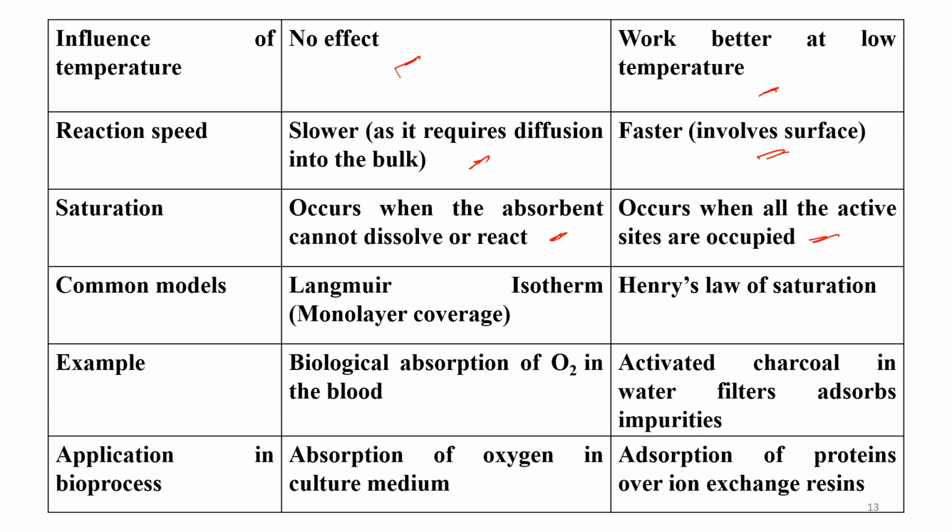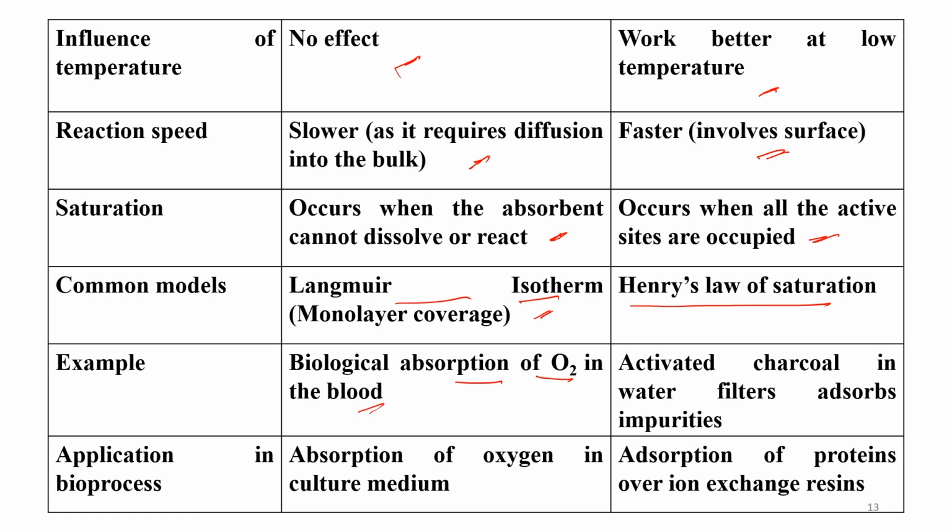Common models: in the case of absorption, it follows Henry's law of saturation, and in the case of adsorption, it typically follows the Langmuir isotherm, the monolayer coverage. One quick example is absorption of oxygen in the blood or absorption of oxygen in the fermentation media.